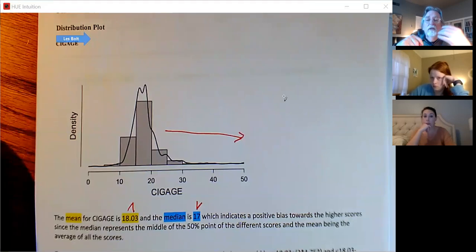Now, what that essentially means is that there are outlying scores to the right in this variable, which is age related.